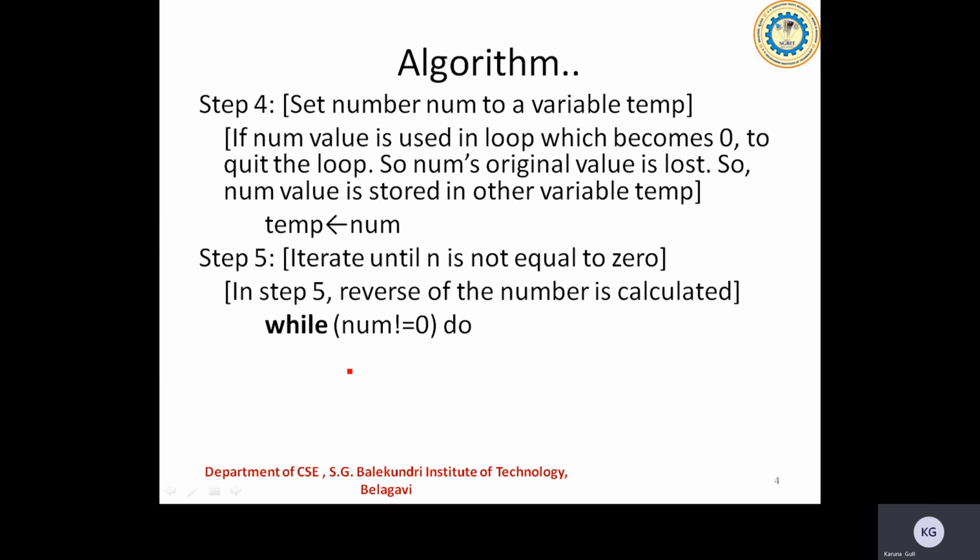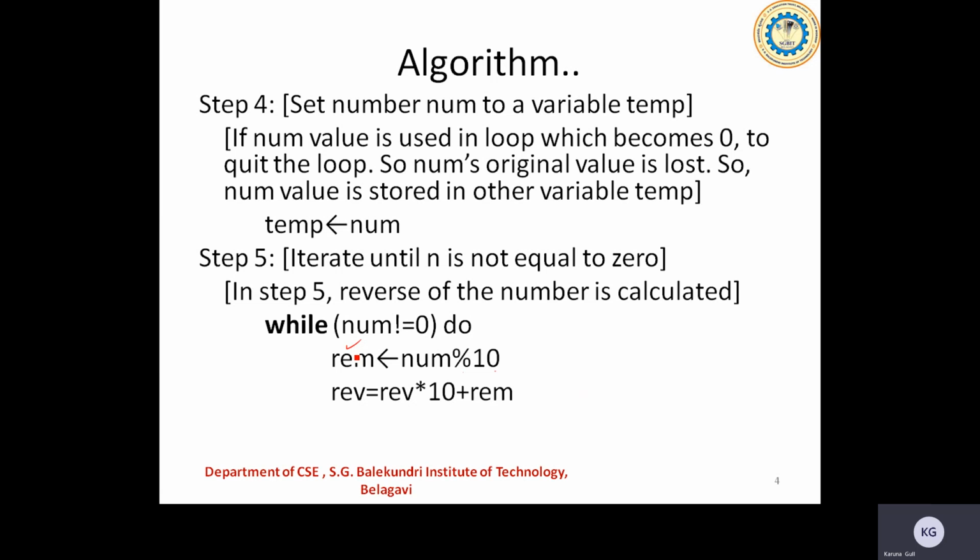Next I'm checking the same thing: while the number is not equal to 0, I'll be proceeding with the inner part of the loop. So remainder is equal to, how do I get the remainder? I'll be taking the given number modulus 10. It gives me the remainder part, that is the units place data. Then I have to shift that towards the left side.